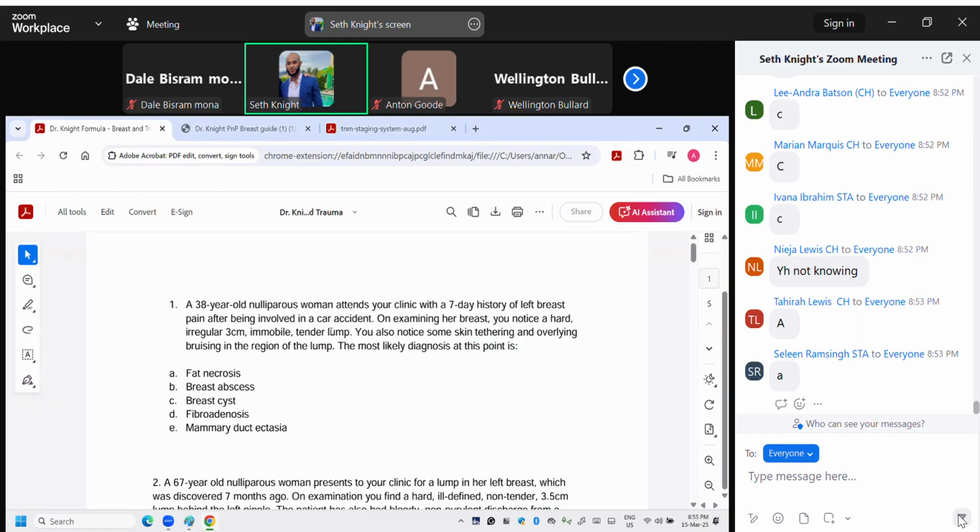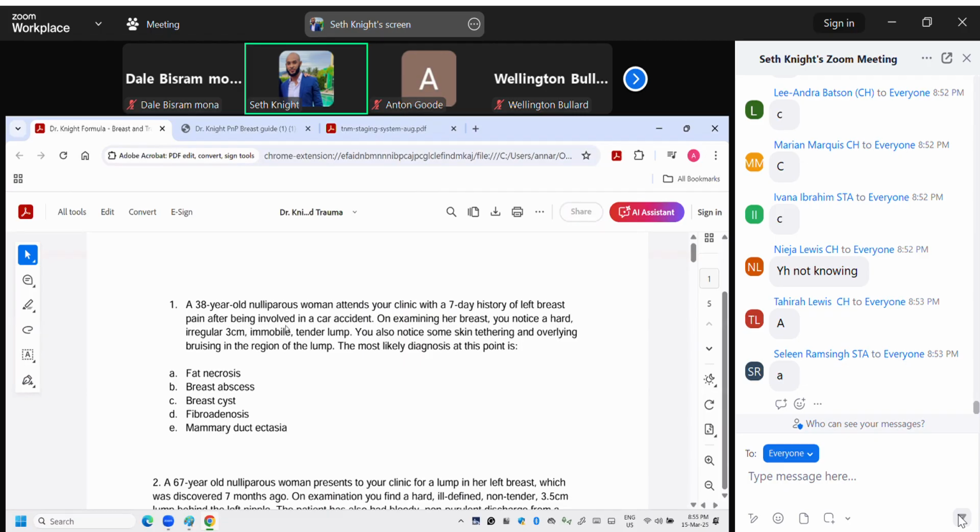But for something like this, of course, our next step would be to complete our triple assessment. We definitely need imaging, and if we're still unsure, we would definitely need biopsy. And it's not about if we're unsure or not. Once we do imaging, once we start triple assessment, we complete it, right? But at this point, clinically, we're thinking fat necrosis because of the history of trauma and the fact that she has pain in the breast with this kind of mass, right?